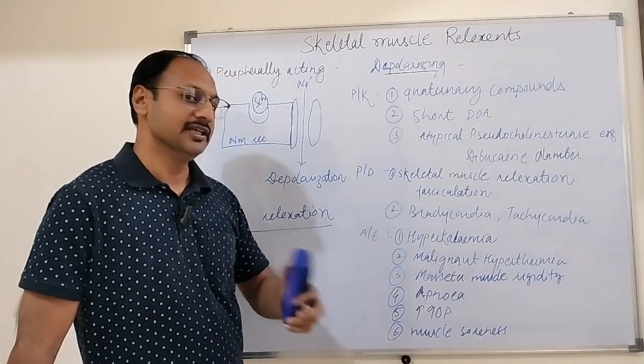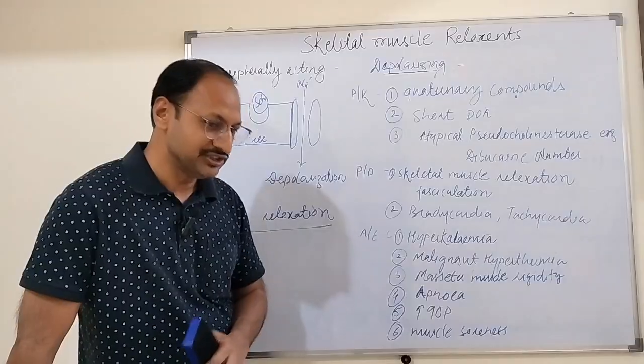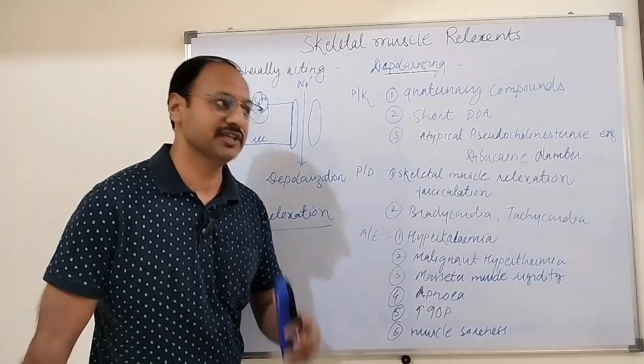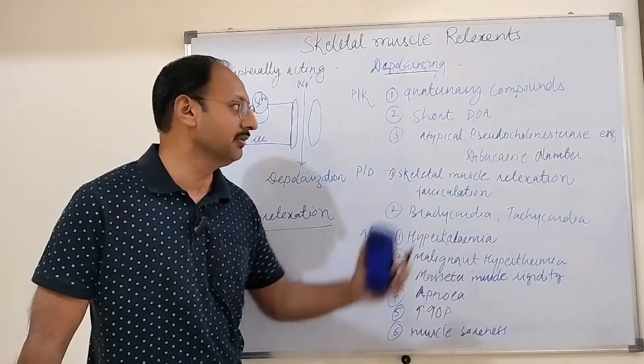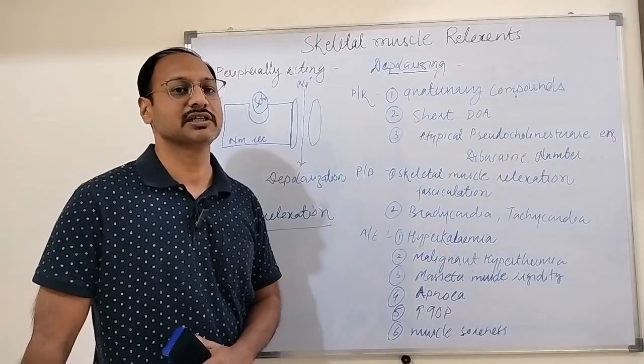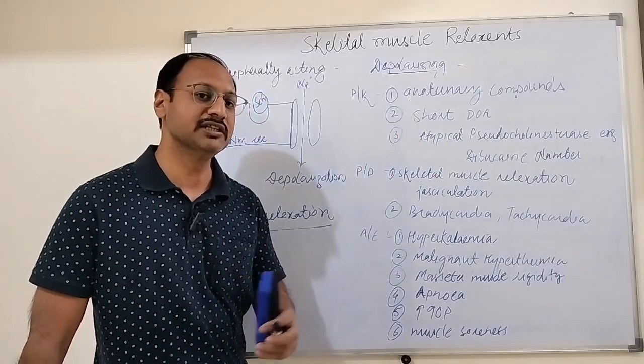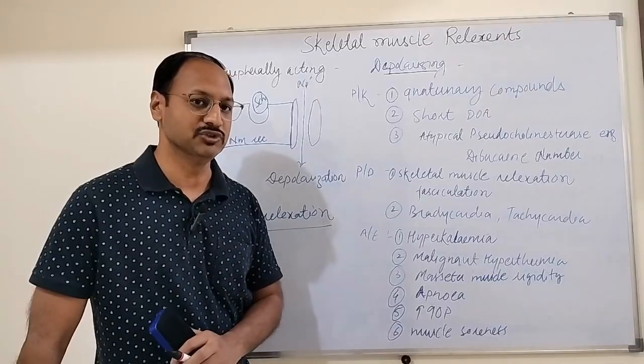Number three, in certain individuals, genetic variations are seen. In place of pseudocholinesterase enzyme, atypical pseudocholinesterase enzymes are present in these susceptible individuals.